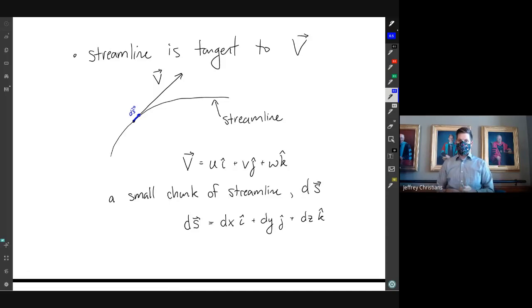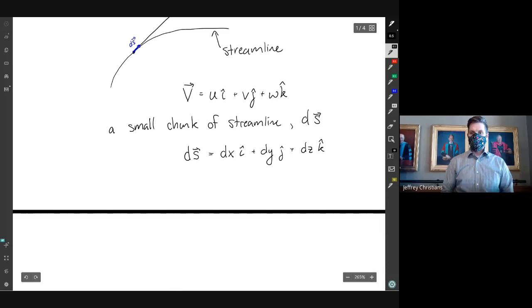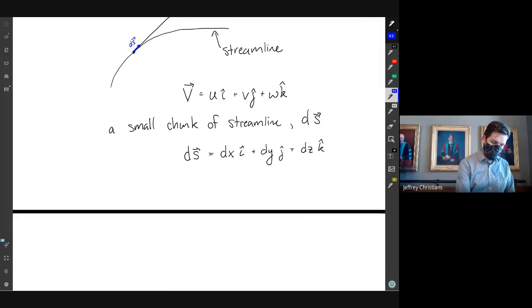So if these two are the same, then the relative ratio of how far V is pointing in the u direction compared to ds in the x direction, so u and dx, how far both of them are pointing in the x direction, those have to be the same amount relative to their total length.